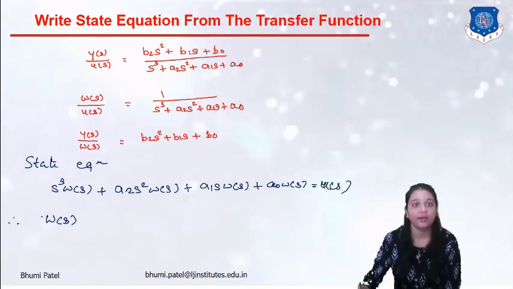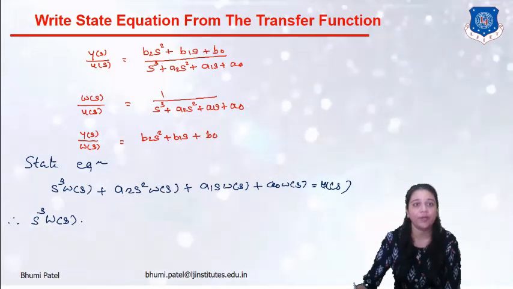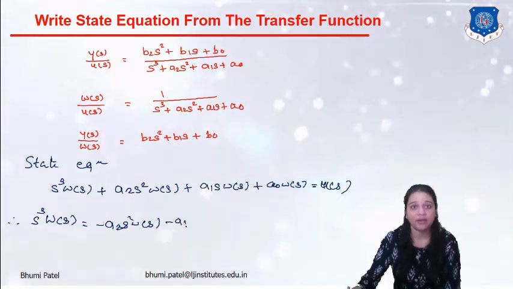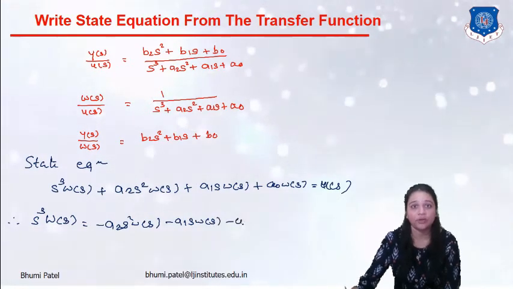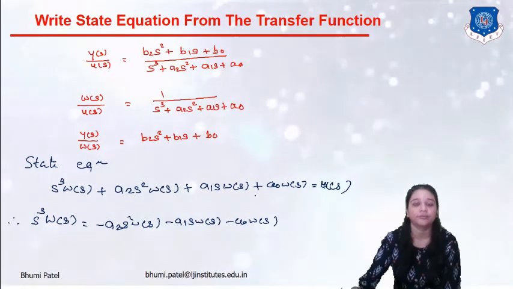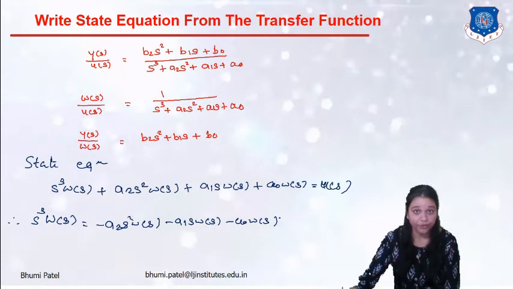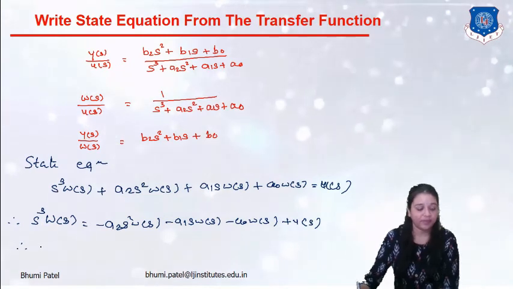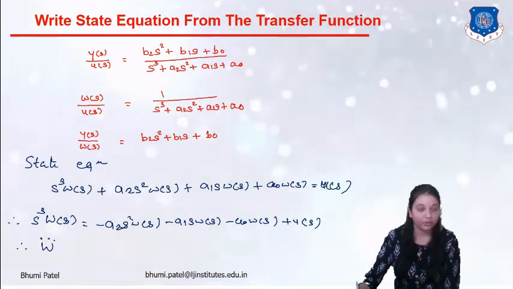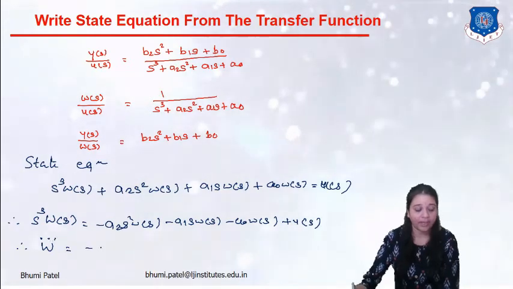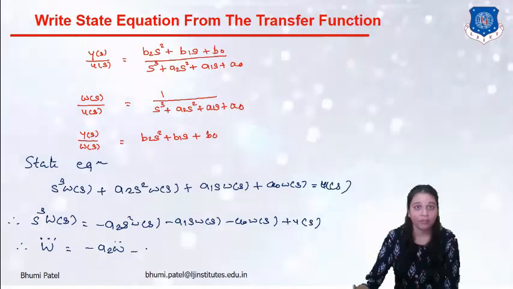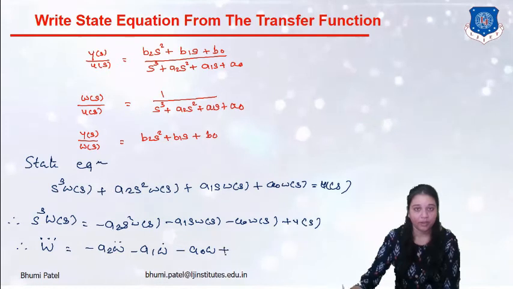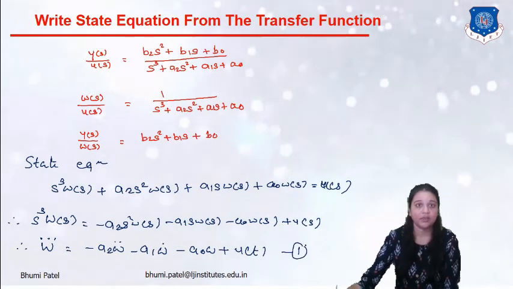And so next, we can write this equation like this: s cube W of s is equal to minus a2 s square W of s minus a1 s W of s minus a0 W of s plus U of s. Okay, now we can take the inverse Laplace. We can get w triple dot is equal to minus a2 w double dot minus a1 w dot minus a0 w plus u of t. This is my equation number 1.